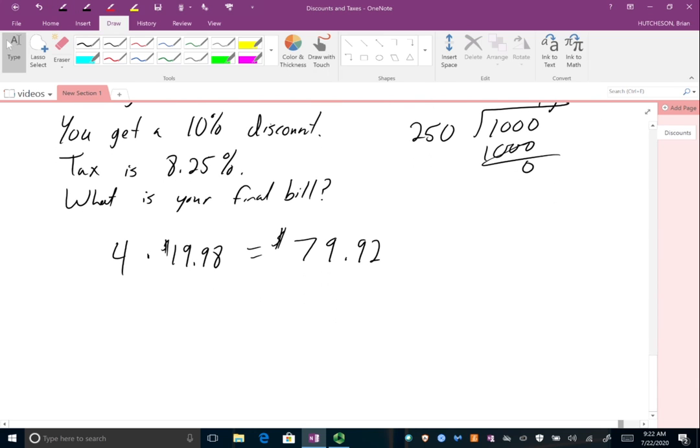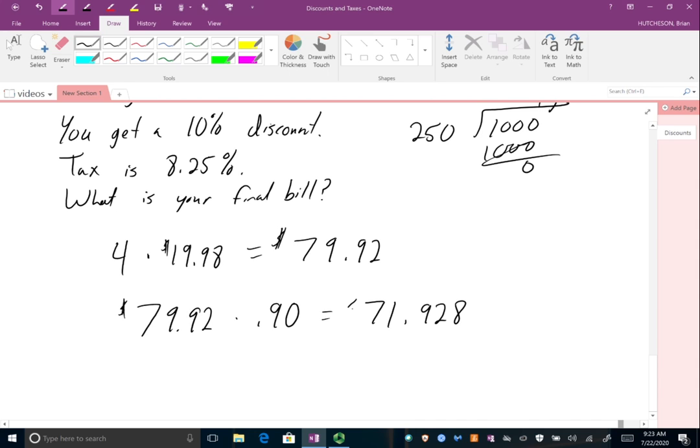But I get a 10% discount, right? But I'm going to take the 10% off of the $79.92. Well, if I remove 10%, I only have to pay 90% of this bill. So you take that guy, multiply by 0.90, and it tells me the paint is going to cost $71.928.